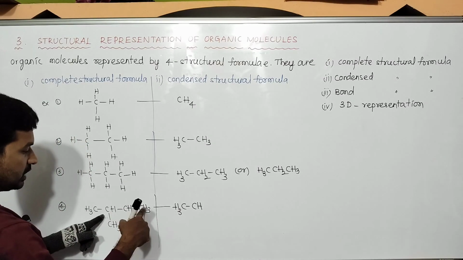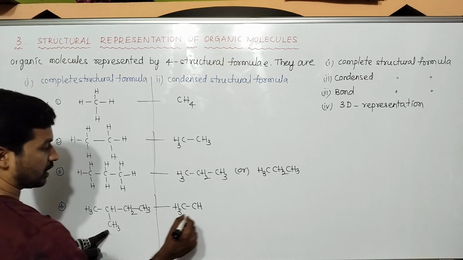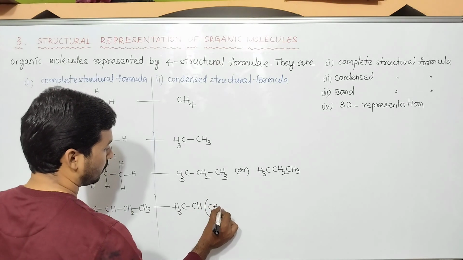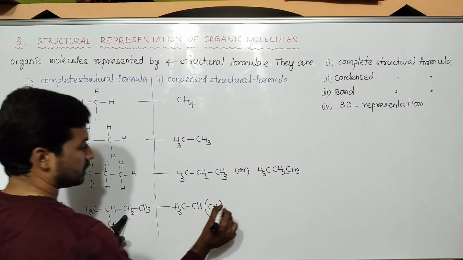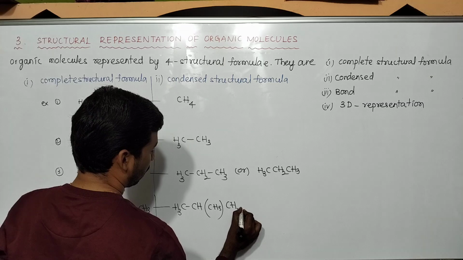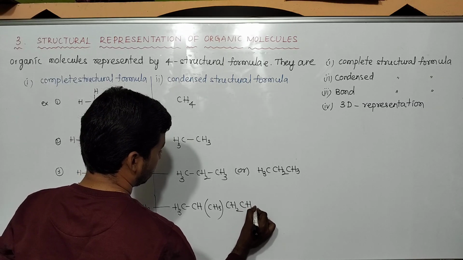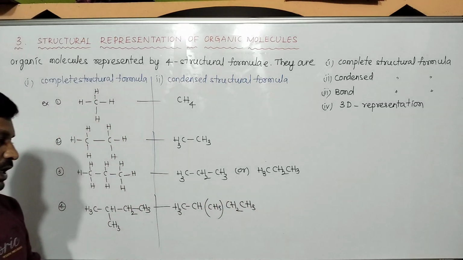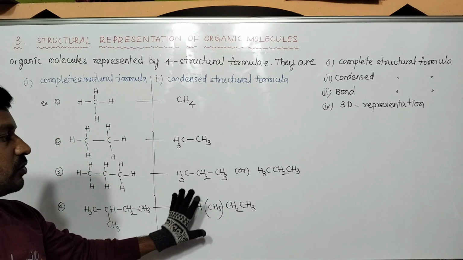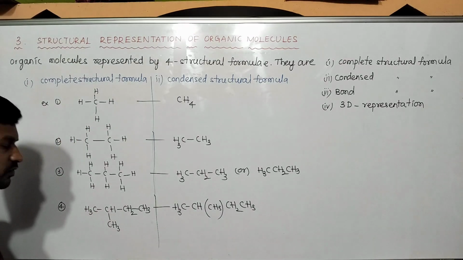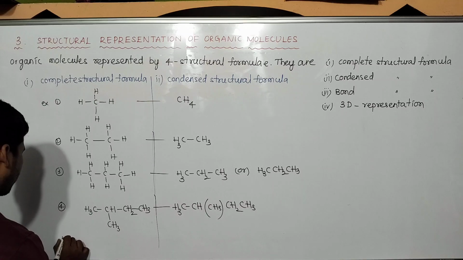This group is not present in the parent chain, it is a branch. So the branch is denoted within brackets, like this, and the continuation after CH is CH2 and CH3. This is the condensed formula. How to write it? Condensed formula means some short form.